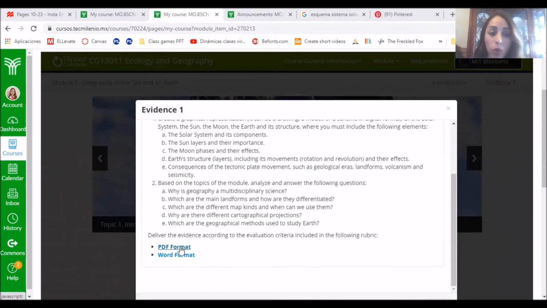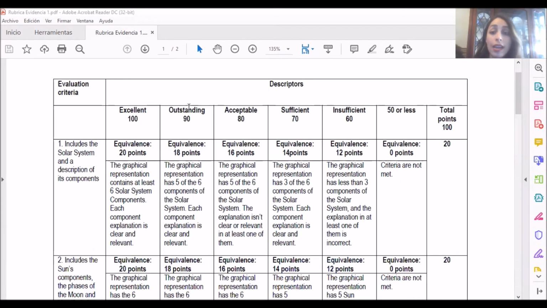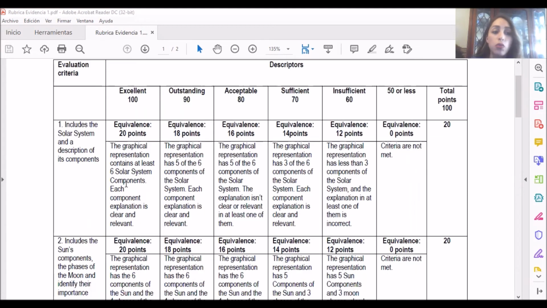So if we open the rubric, you are gonna get 100 points of excellent if you, for example, in the solar system, in a description of the components, if you do the graphical representation and contain at least 6 solar system components. Each component explanation is clear and relevant. And the points will be lowering and lowering depending on what you do in your evidence.